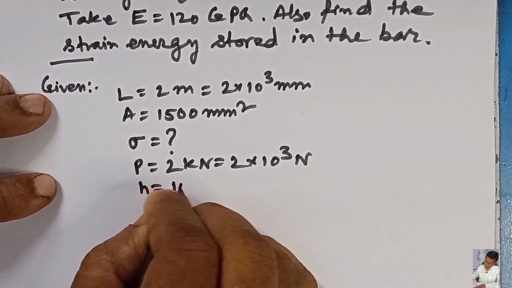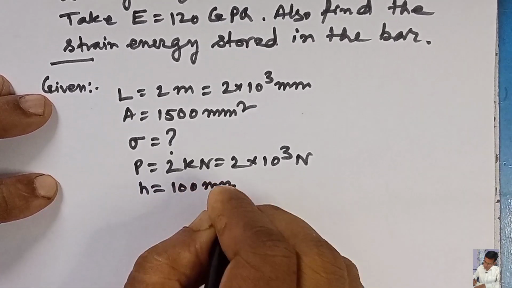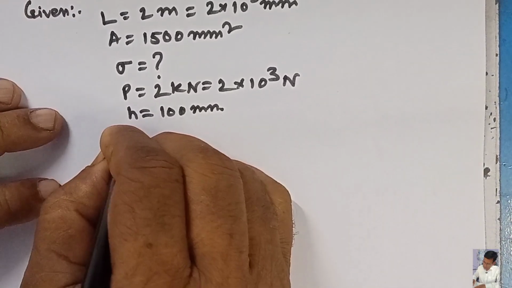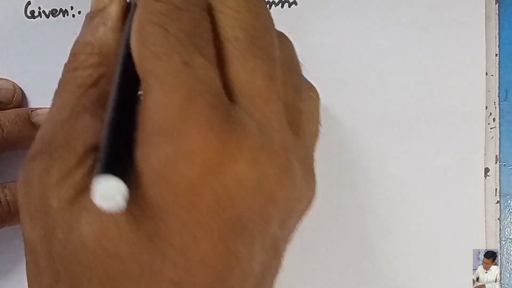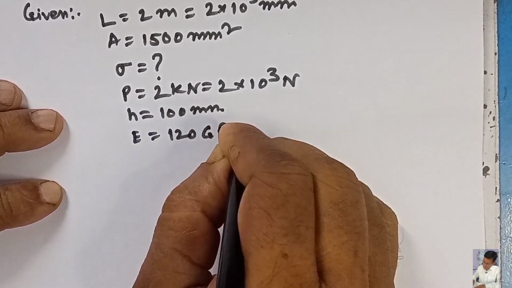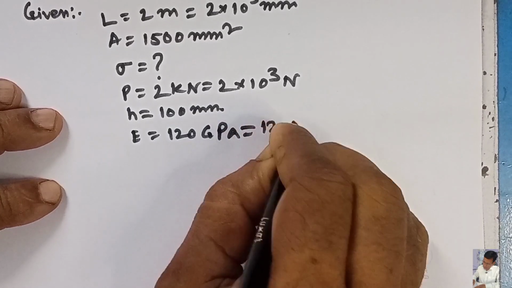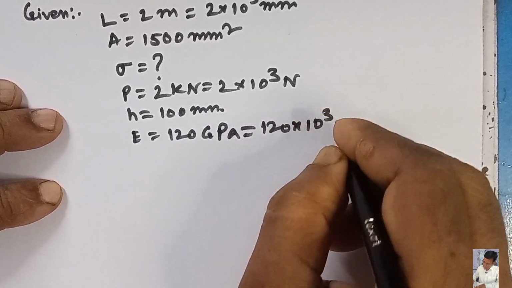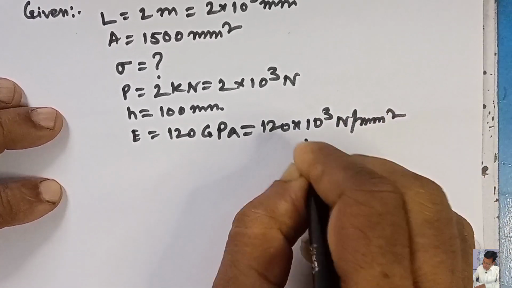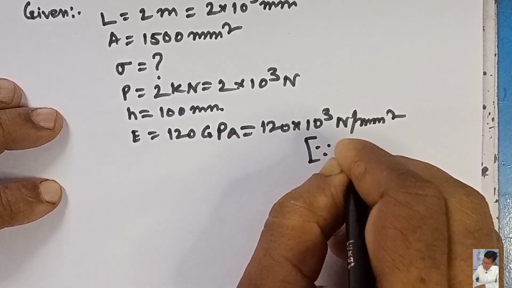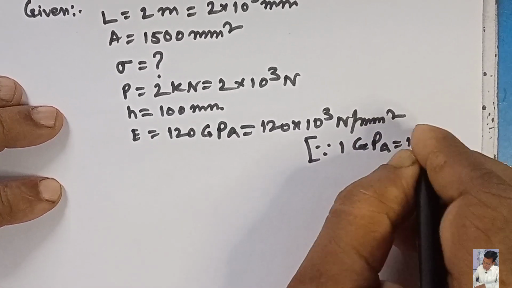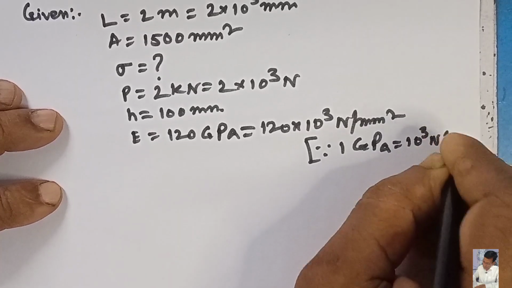H is equal to 100 millimeter. E is equal to 120 gigapascal is equal to 120 into 10 to the power cube Newton per millimeter square, since 1 gigapascal is equal to 10 to the power cube Newton per millimeter square.